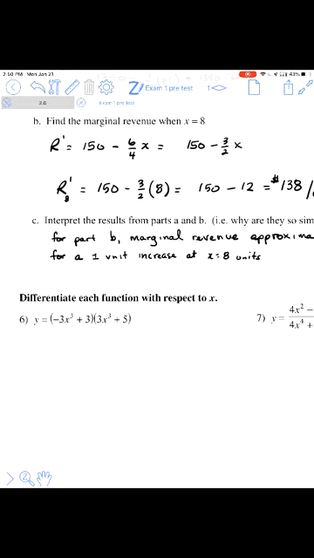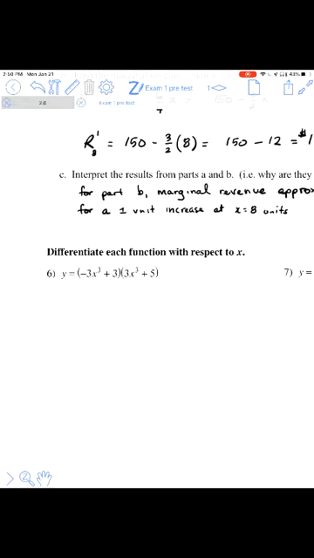Okay, question 6. We're going now into section 2.4, where we learn some additional rules of differentiation, product rule, quotient rule. So it doesn't explicitly state which rule to use. That's for us to decide based on whether the expression's in the form of a product or the form of a quotient. So for question 6, we've got this binomial multiplied by that binomial. So those are forming a product.